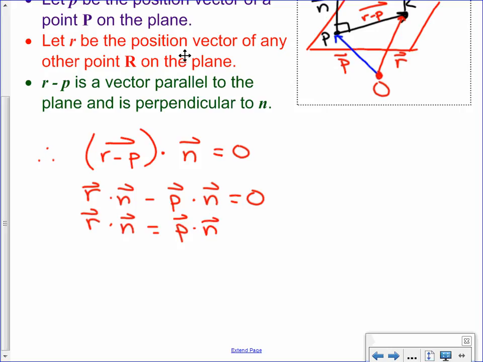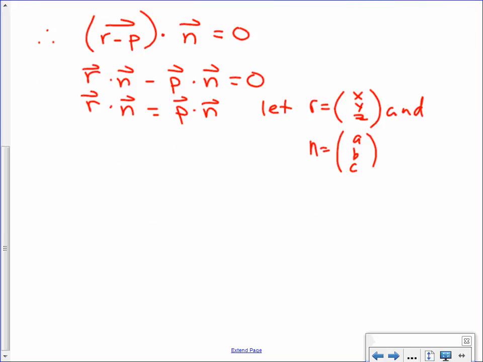Now, if you let R be x, y, z, and n be a, b, c. In other words, the normal is just the coefficients of the Cartesian equation of the plane, so it's really easy to pick out.